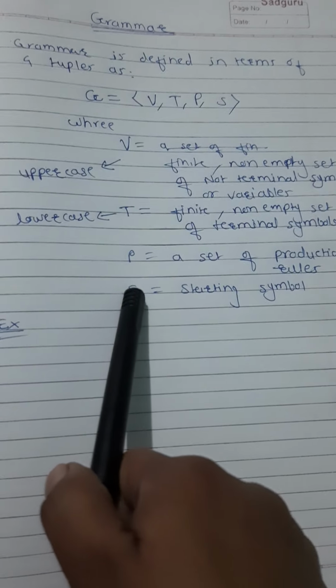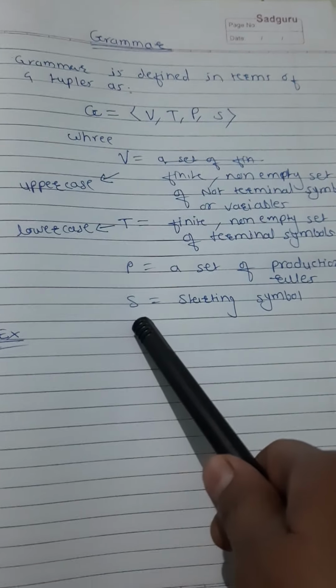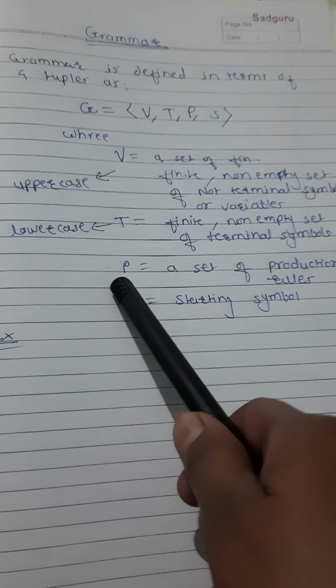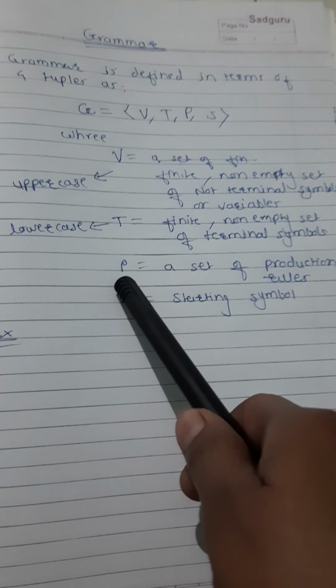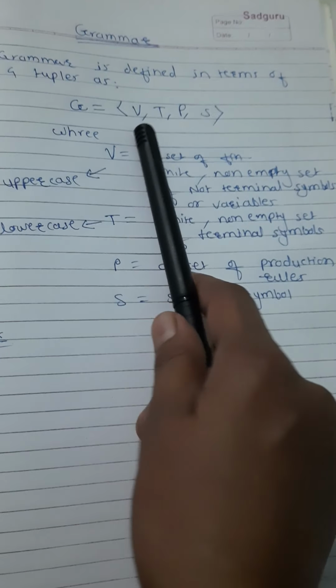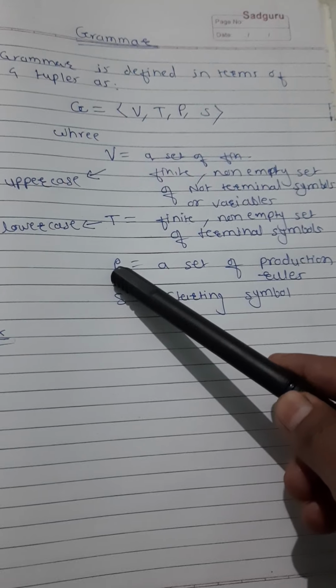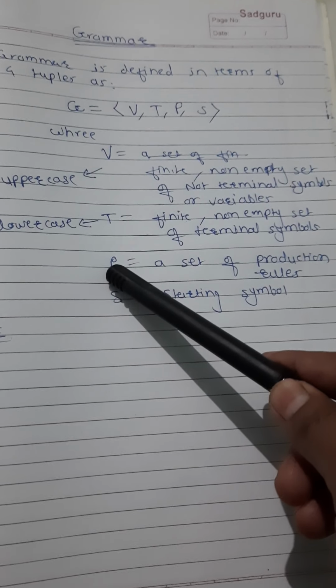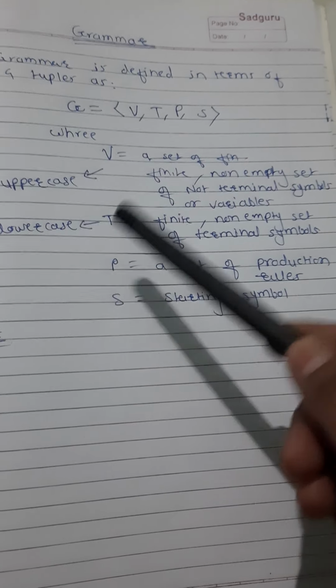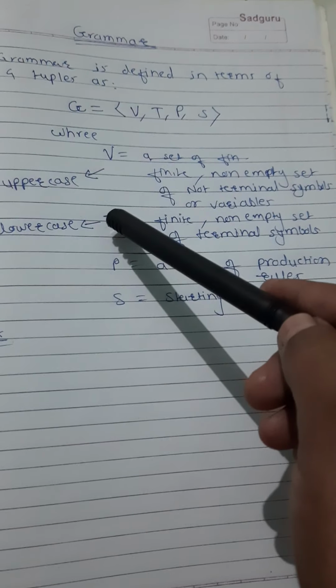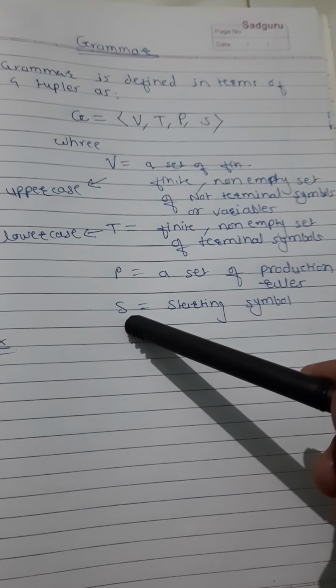Now out of these four tuples V, T, P, S, this P is the heart or the main part of the given grammar. If we know the set of the production rules, then from that set of production rules we can easily define V, T and S tuples.